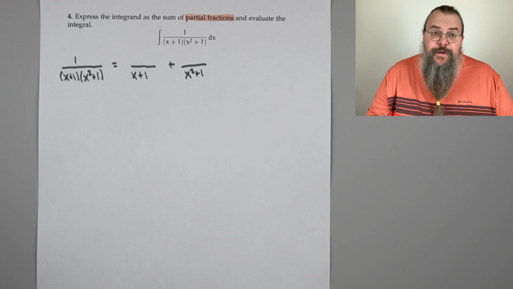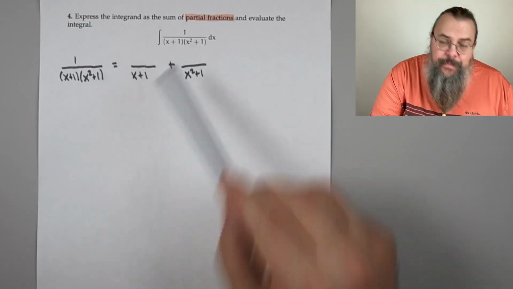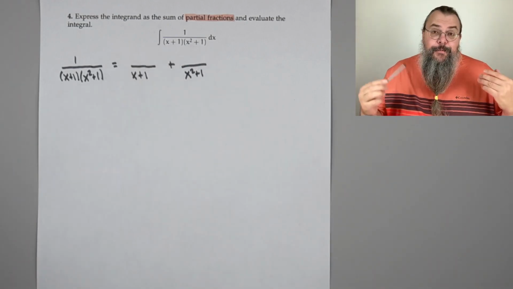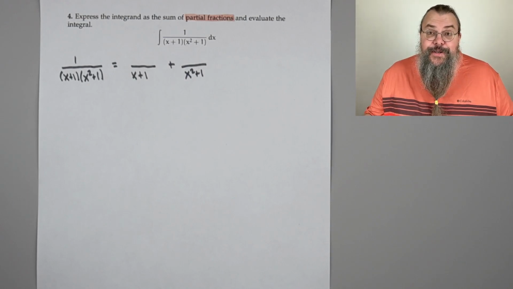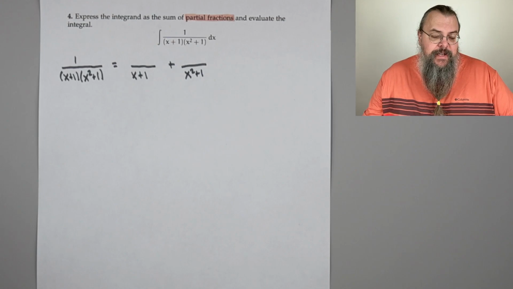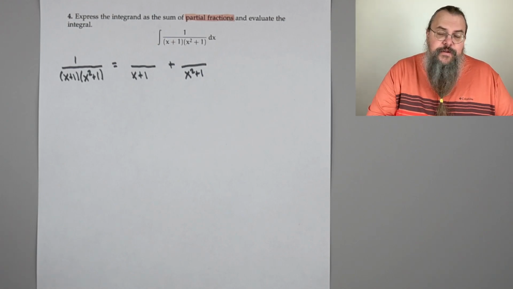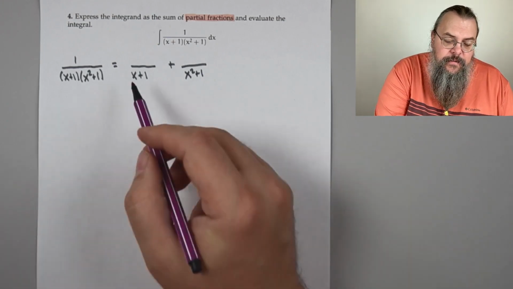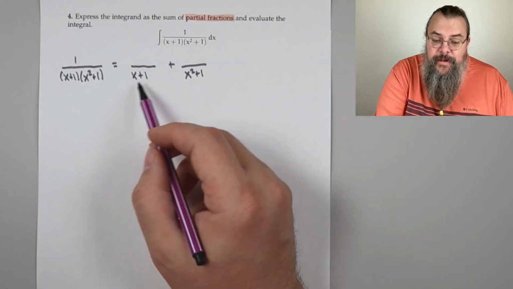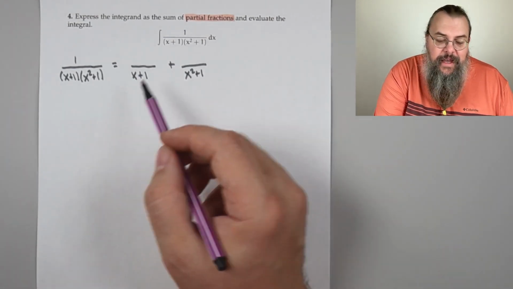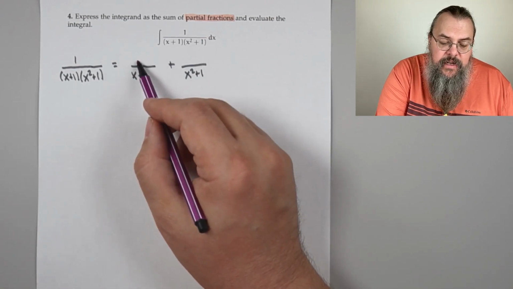We know this will work for the right upstairs choices. With partial fractions, the main work is saying, what are the right choices for us to have made? And so here's the rule. If what you see downstairs is first degree, in other words x plus a, the upstairs is going to look like a number.